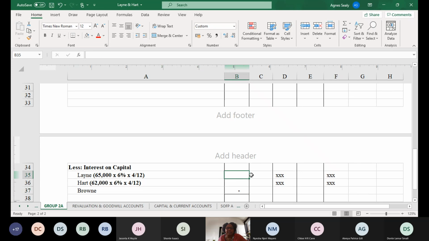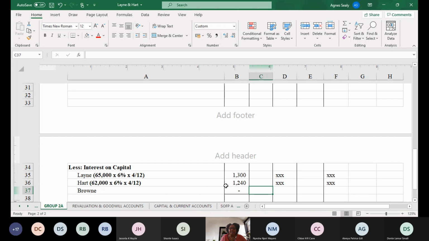So what's the interest on capital for Layne? 1,300. 1,300. Hart. 1,240. Right, so that is Layne and Hart.